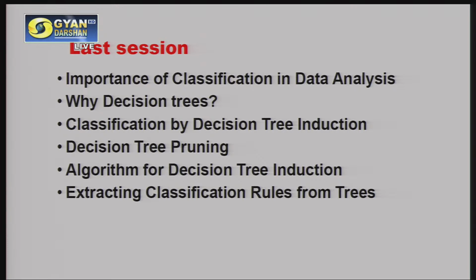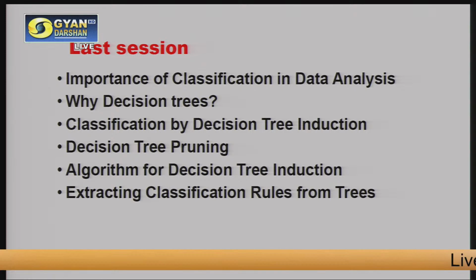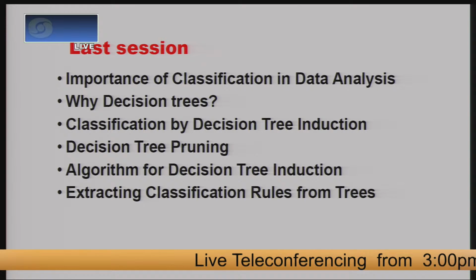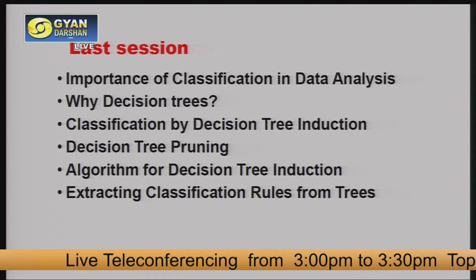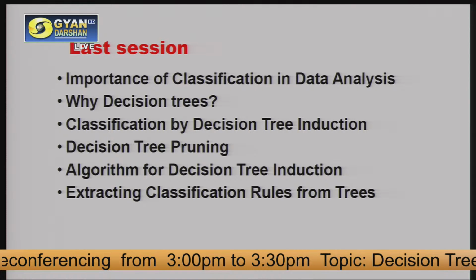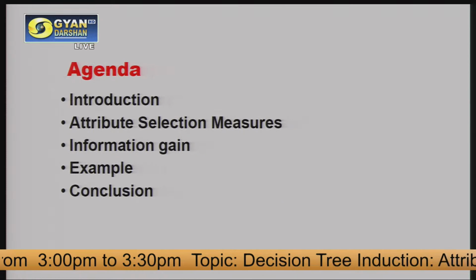We talked about the importance of classification techniques in data analysis, why particularly we should use decision trees, and decision tree pruning, which is one of the methods that helps us remove the attributes which are not necessary. Then we also talked briefly about algorithms for decision tree induction, and finally we talked about how to extract the classification rules from these trees.